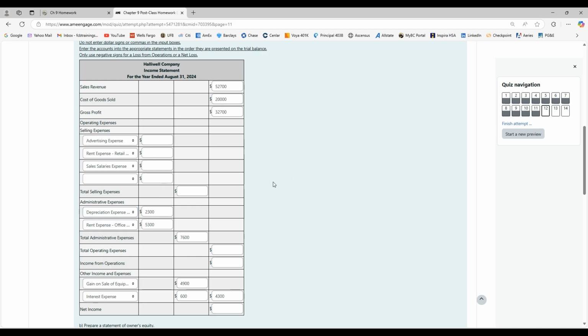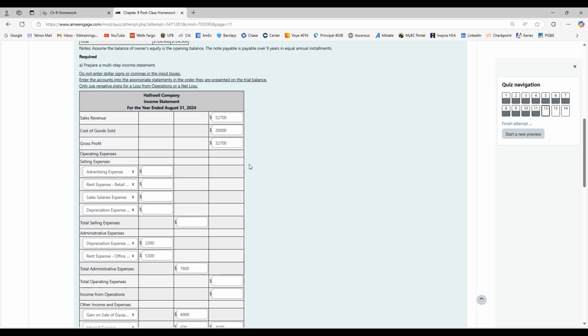I guess the depreciation expense is going to be considered a selling expense. That seems a little bit weird to me, but okay. Shoot, that's probably going to throw us off. This is an annoying problem because we have to get this in the right order. So depreciation expense would be the first one then, I guess, and then let's see what's next.